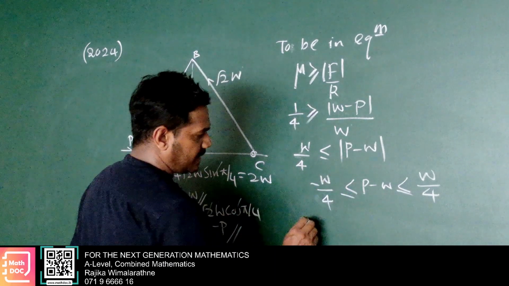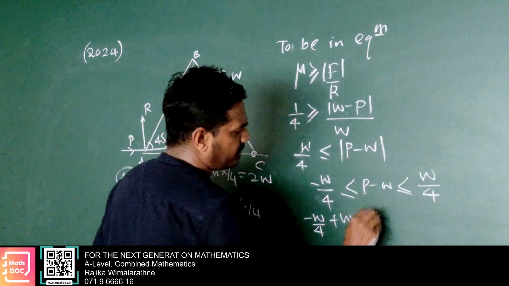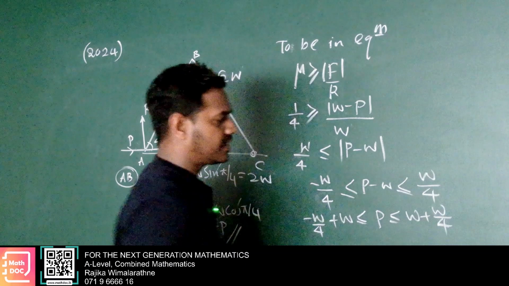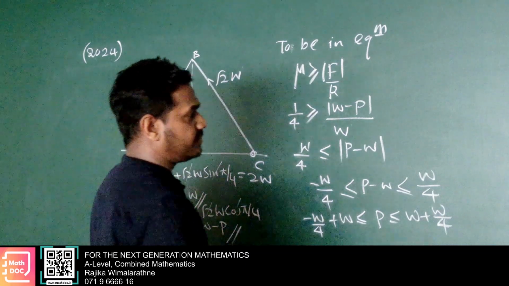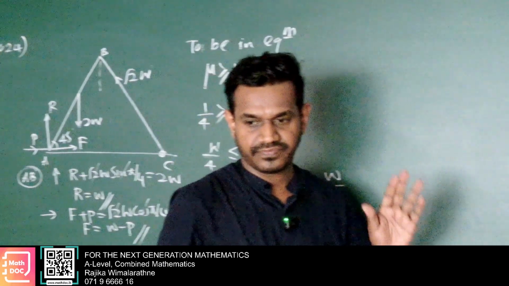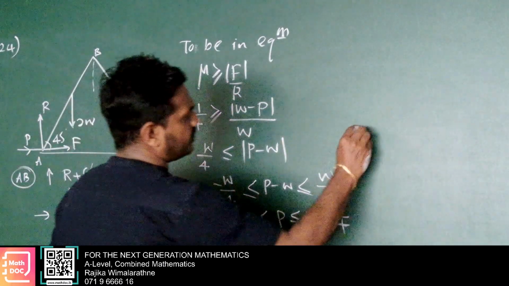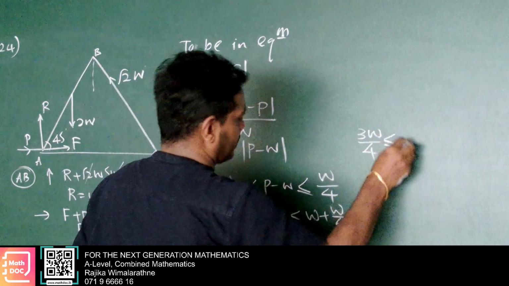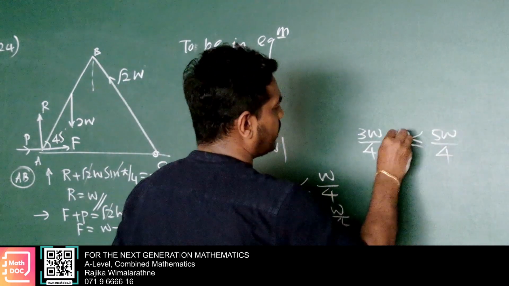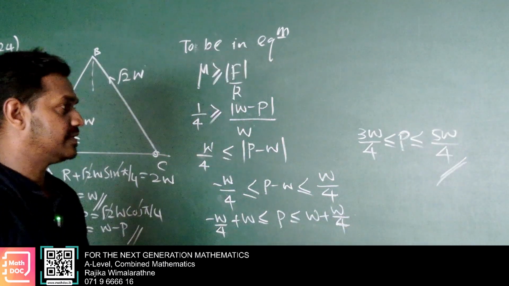Then add both side W, then minus W over 4 plus W, P, W plus W over 4. Now further you simplify this, then you can get the answer. Here 3W over 4, here P, 5W over 4. 5W over 4. That is 2024 A-level question.